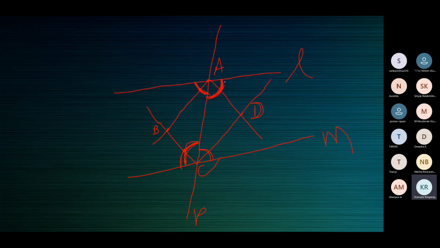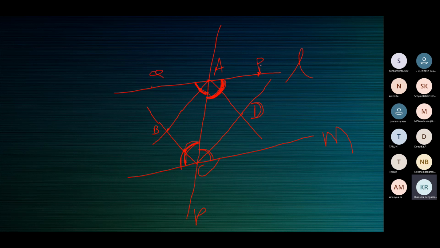Actually, children, we have to mark many other points. I'm not marking that; I'll show you in the next slide. I'll just explain how the proof goes. You'll have to mark many other points. So this angle, I'm not naming it because I have to take points like P here and a point like Q here.